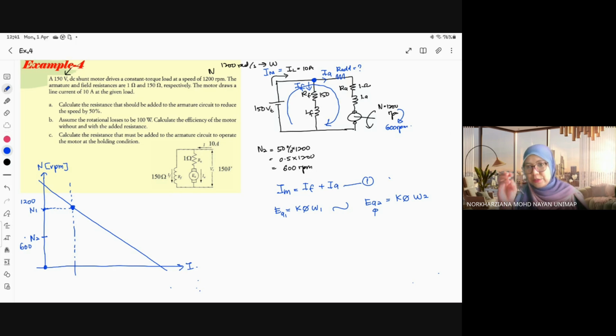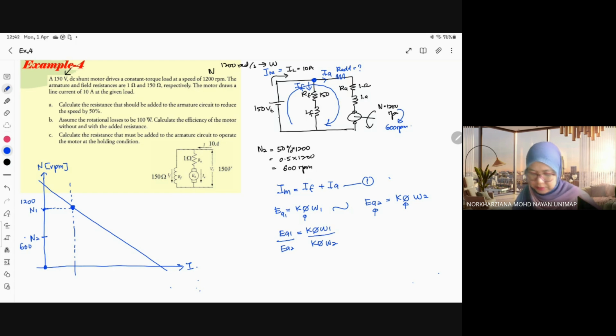When we use the ratio method, we can use it because they share the same motor construction or motor constant. So EA1 over EA2 equals KV omega 1 over KV omega 2.